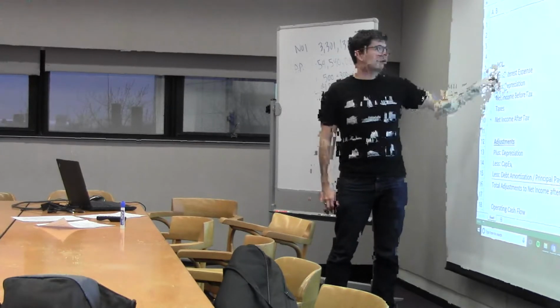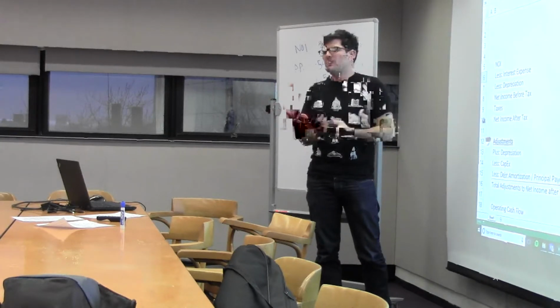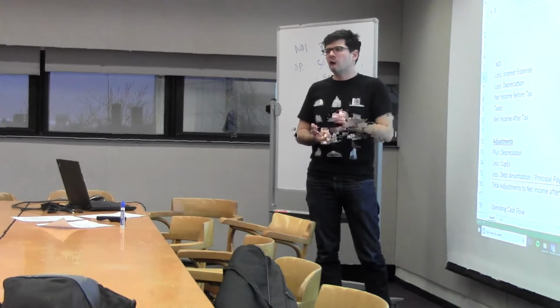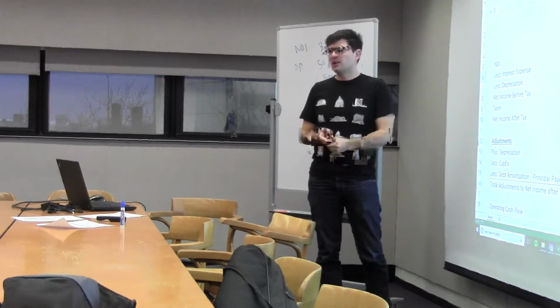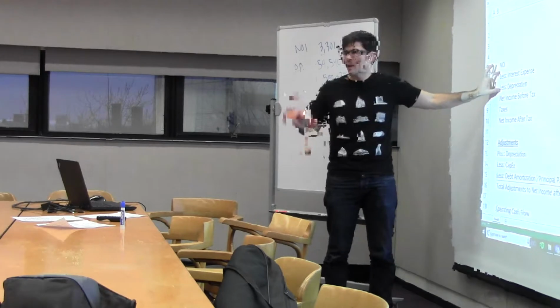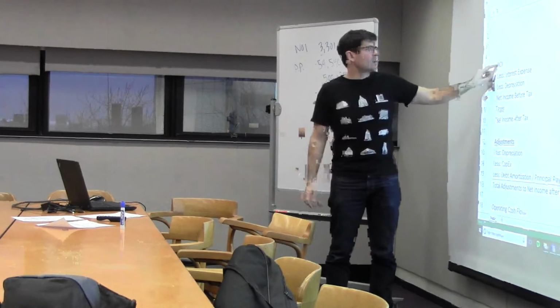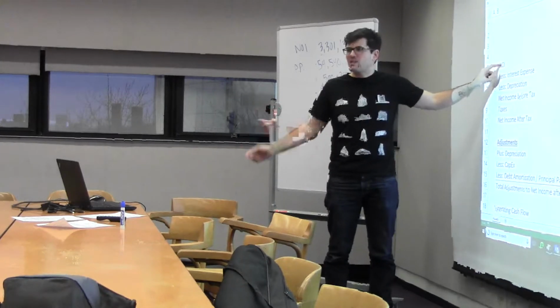Because this number here is taken as an example of what is the cash flow of the business, regardless of how much debt is on it, regardless of how much depreciation there is, because these two things can vary significantly from building to building to building, right? This one allows us to compare different properties against each other.